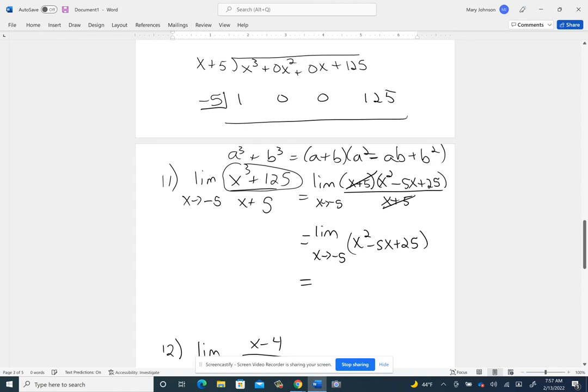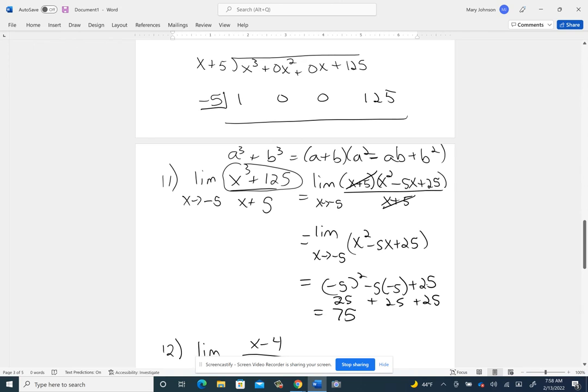Okay, so you plug in the -5 at this point, and you wind up getting 25 plus 25 plus 25, which turns out to be 75. So this would be 25 plus 25 plus that 25. Okay, so just trying to remember how to factor the cube is what caused the most problem, I think, there.